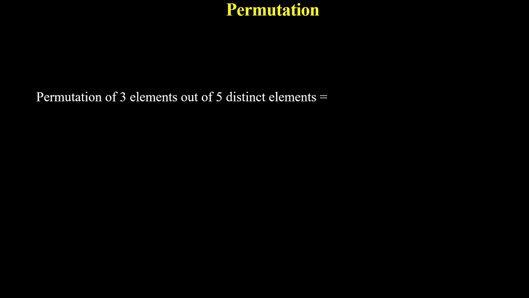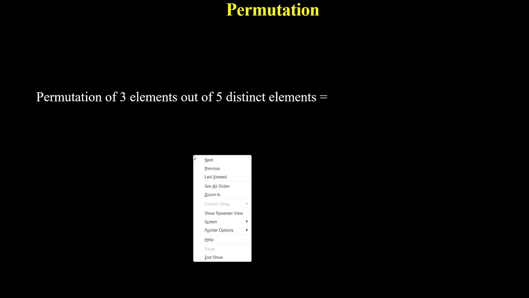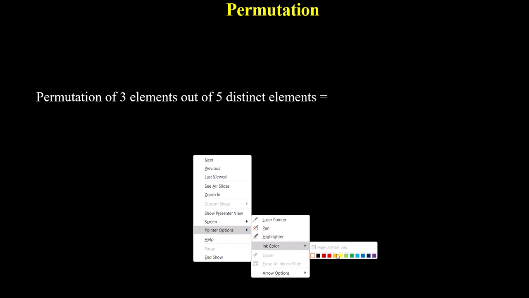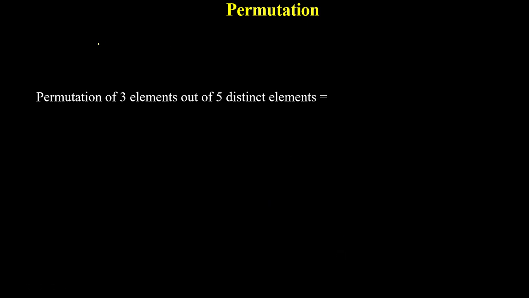Permutation of 3 elements out of 5 distinct elements. The general notation is 5P3. Why 5P3? Out of 5 elements, we need to do permutation for 3 elements. Now, see the practical scenario.